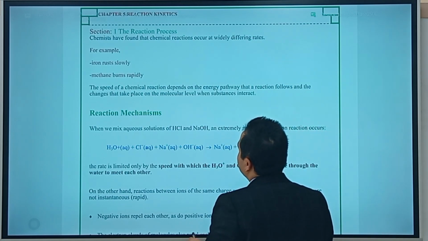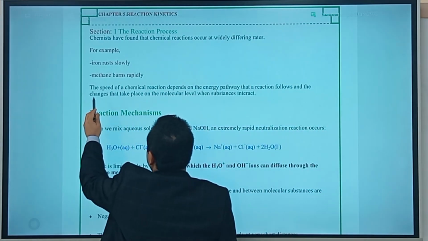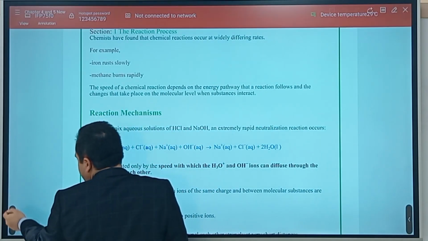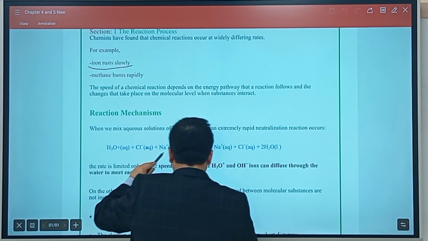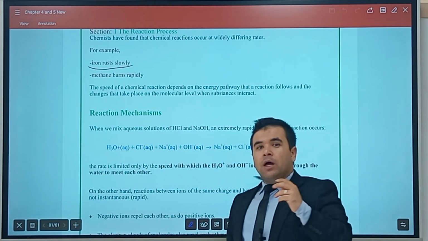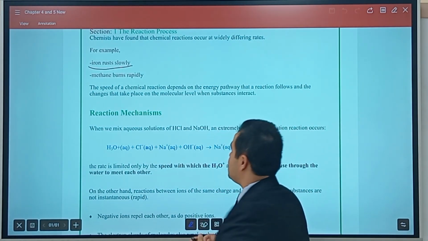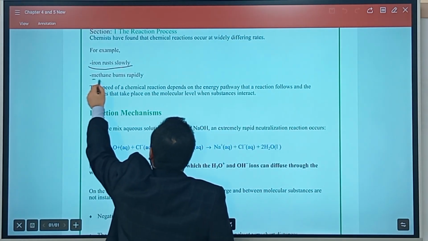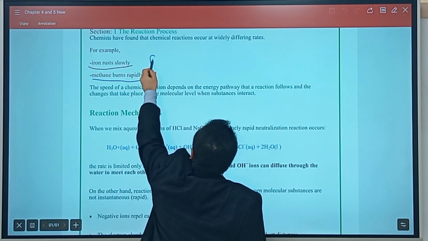Chemists have found that chemical reactions occur with widely different rates. For example, guys, the rusting of iron is the reaction of oxygen and iron in the presence of water. This process is a slow mechanism, but the combustion of methane is a fast mechanism.